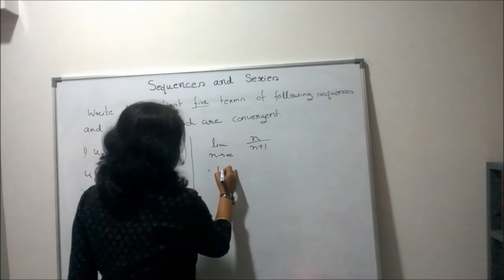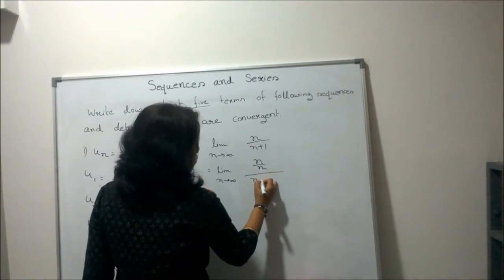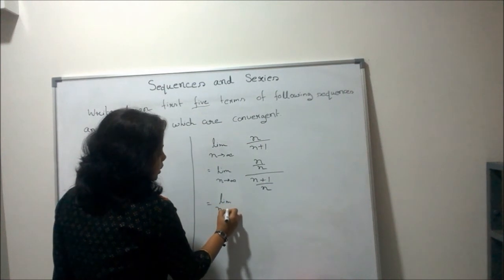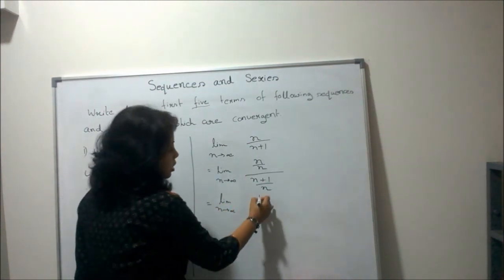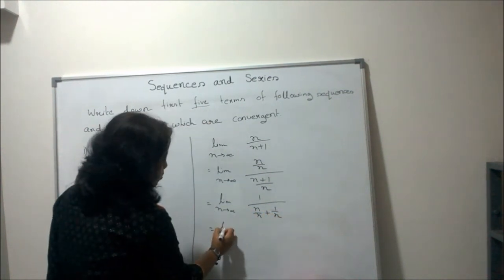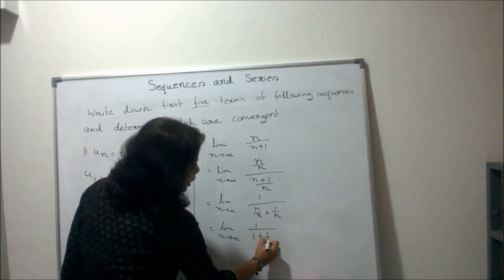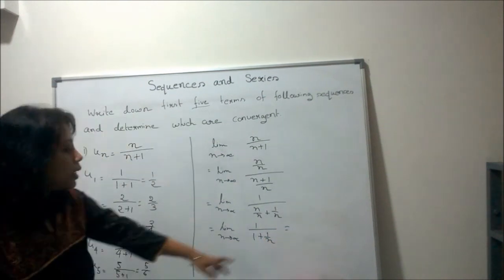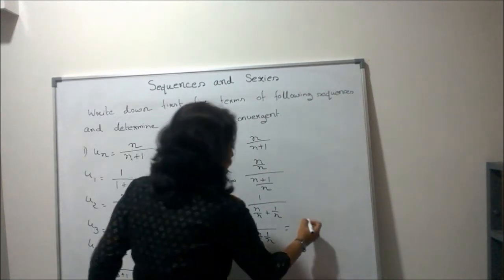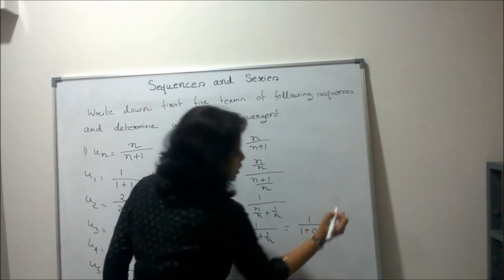So limit n tends to infinity, n by n is 1, and n plus 1 by n. So limit n tends to infinity 1 by 1 plus 1 by n. What do we know about 1 by n? Limit n tends to infinity 1 by n is 0. So our answer is 1 by 1 plus 0. So the limit value is 1.